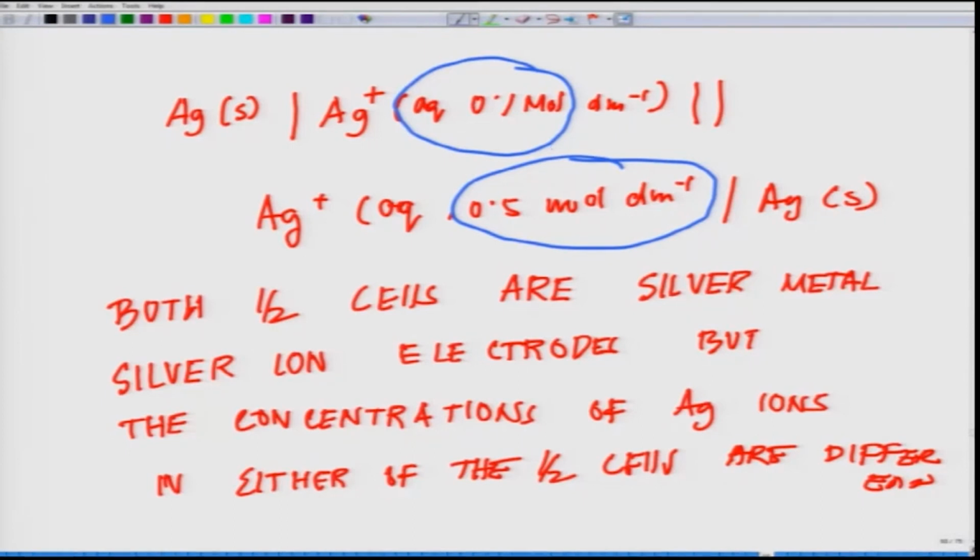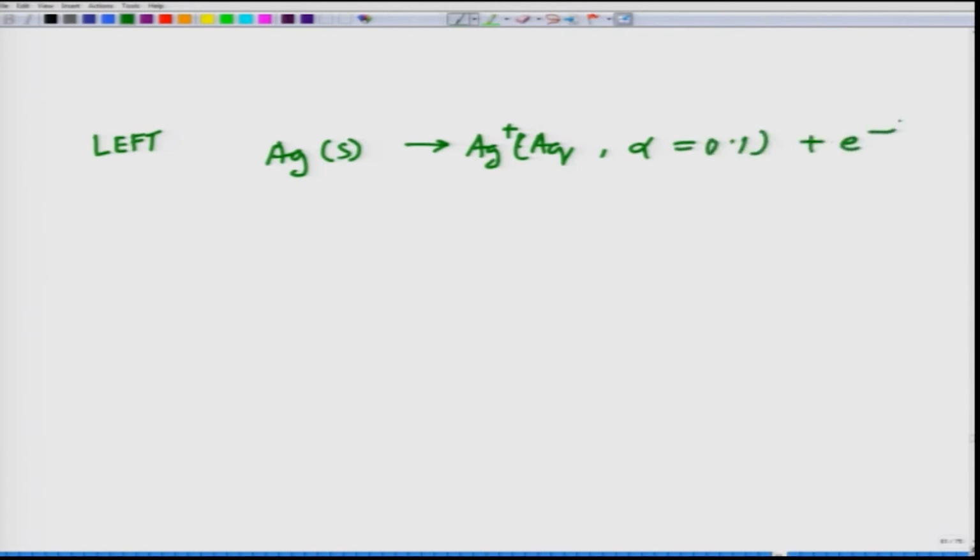As we always say, we first have to understand the reactions happening at the left and right sides. On the left, the reaction is Ag solid going to Ag plus aqueous at 0.1 plus an electron.